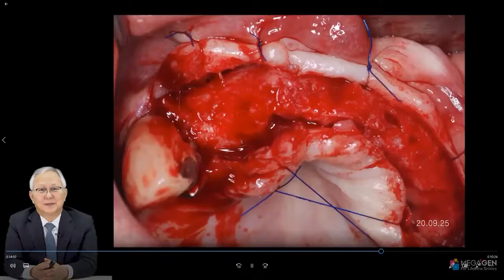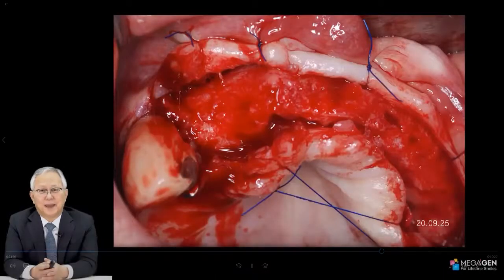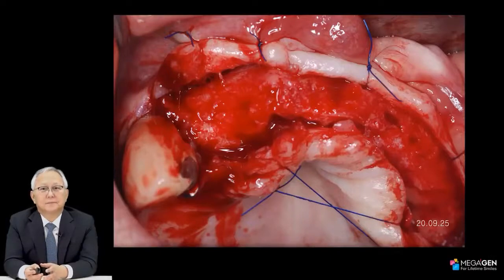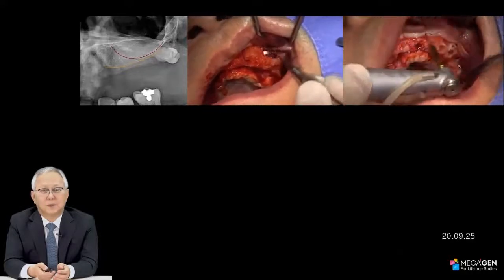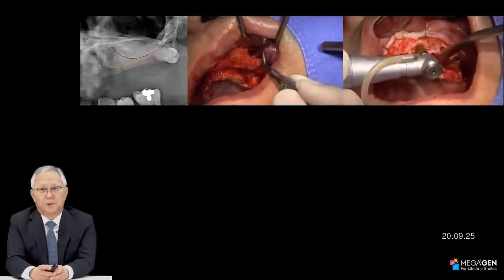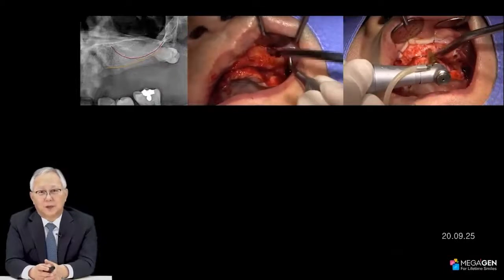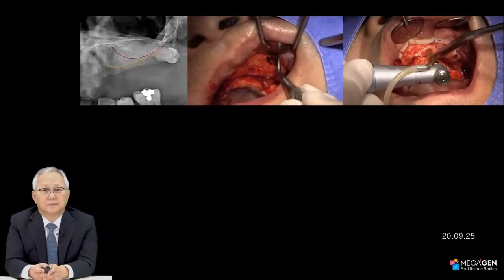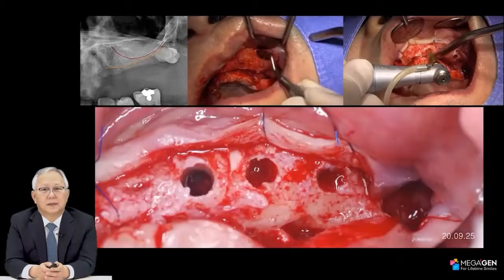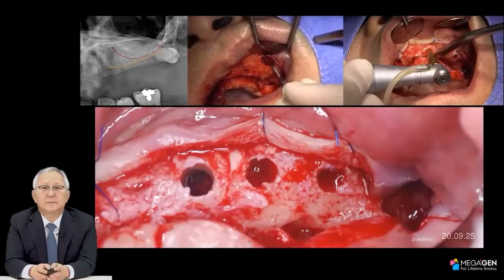Okay, I opened the flap, and I started with the left side first. See, the lateral window was made and the membrane was elevated. Then drilling was made. This is after drilling.